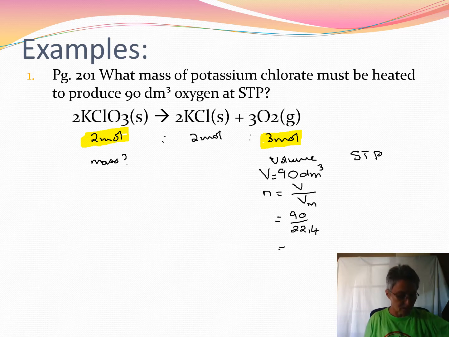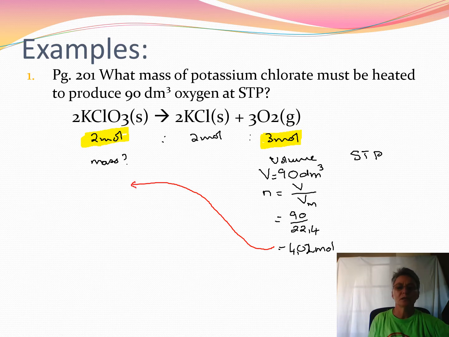So 90 divided by 22.4 is 4.01785. So I'm going to say 4.02 moles. Now the trick is to change this into the moles of potassium chlorate by using the highlighted mole ratio.